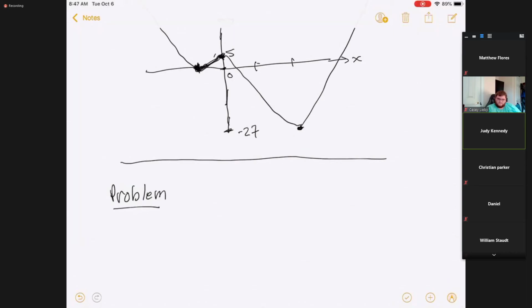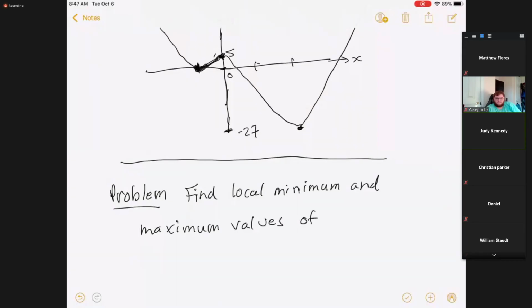We want to find the local minimum and maximum values of the function g of x equal to x plus 2 sine of x.